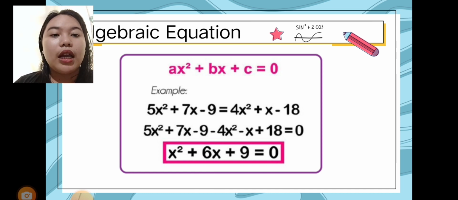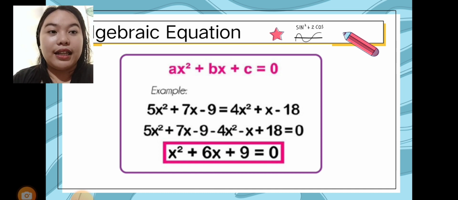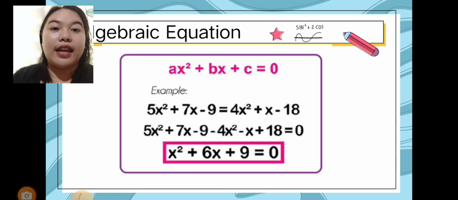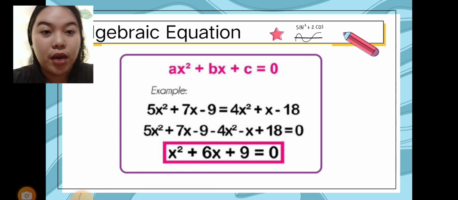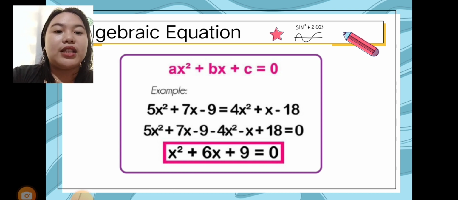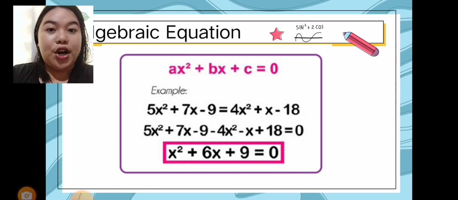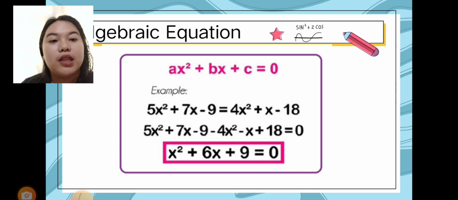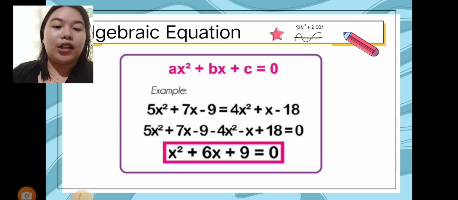Example. First, you simplify the given equation. The given equation is 5x squared plus 7x minus 9 is equal to 4x squared plus x minus 18. The first step is to combine like terms, so you find the like terms here. In this example, the step-by-step process is not clearly shown. First, combine like terms.